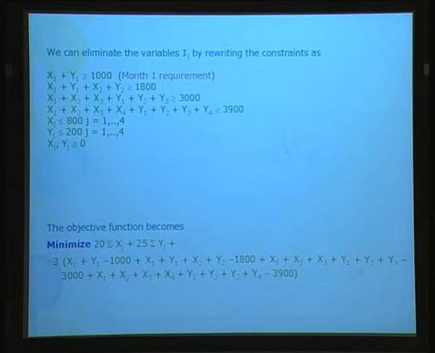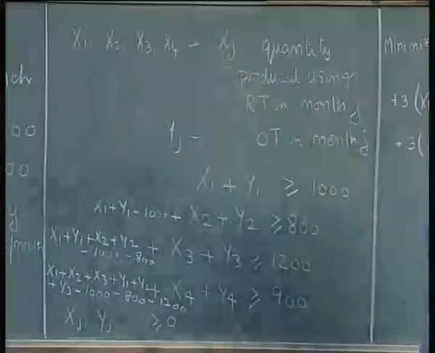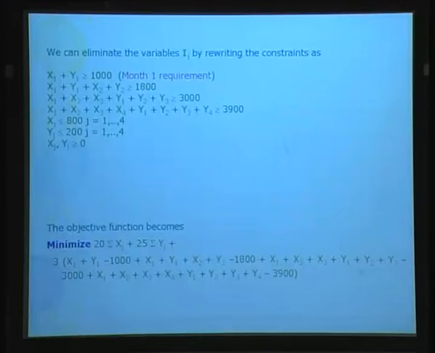So, you will see that the same formulation is shown in this slide, the requirements for the 4 months, which are the 4 constraints, except that the right hand sides are simplified. You can see that these 2 terms are taken to the right hand side as you see the formulation there, and then you have the same objective function which is shown here, including all the 4 terms, the 3900, and you will also find that all of them are inequalities.